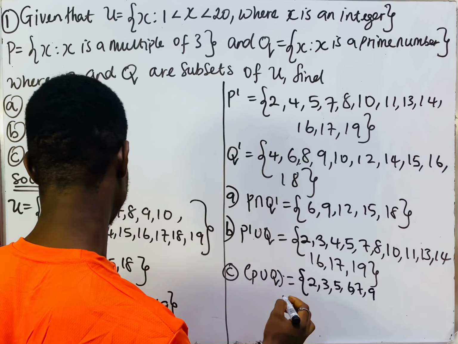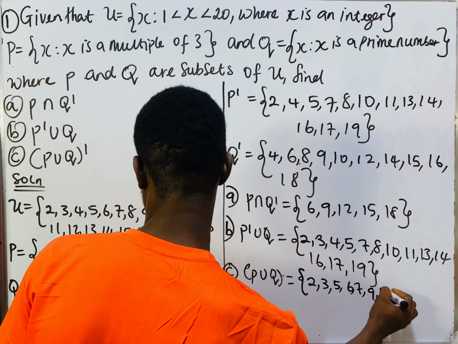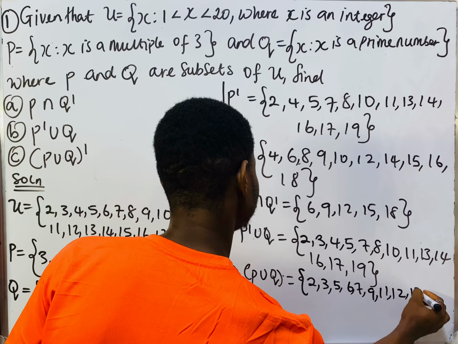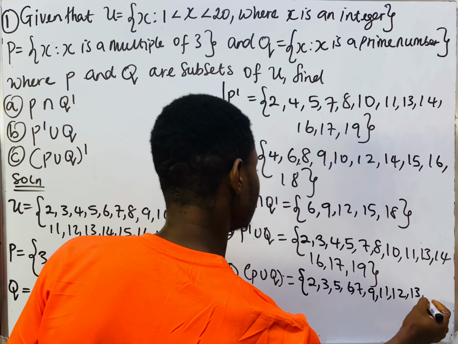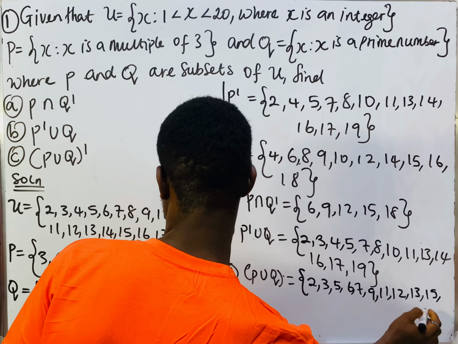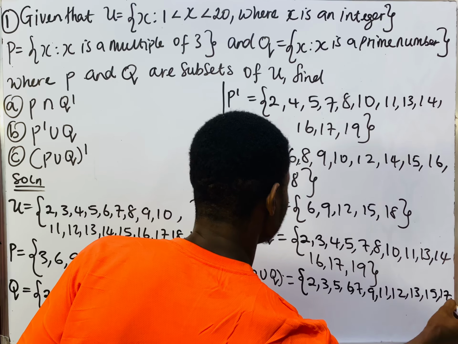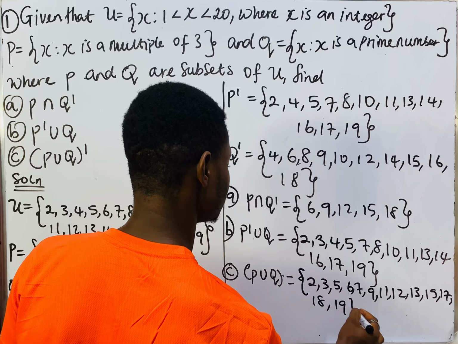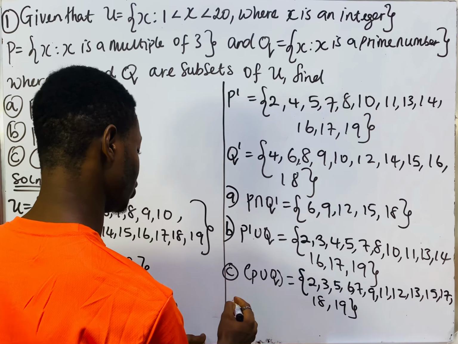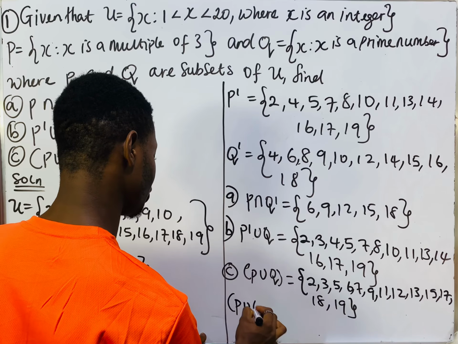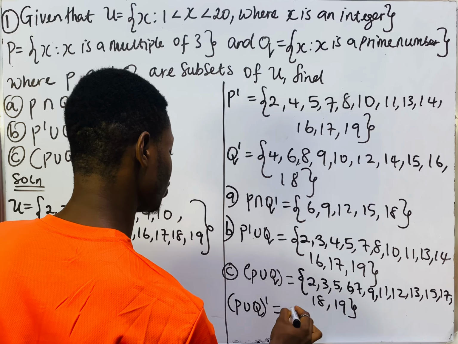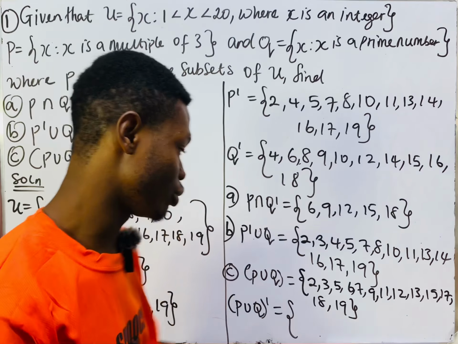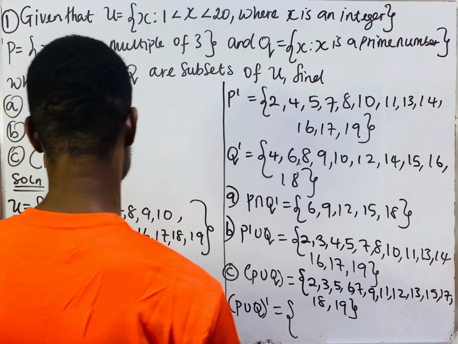Yes. Any 10? No. 11, 12, yes. 13, yes. 14, no. 15, yes. 16, no. 17, yes. 18, yes. And 19. So these are P union Q. Now, looking for P union Q prime is what? What is in the universal set that is not in P union Q?